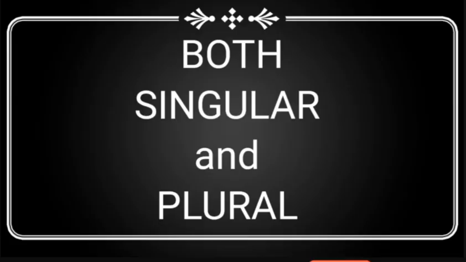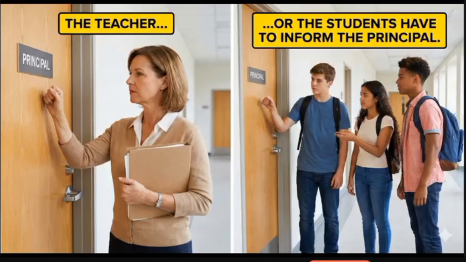Okay. Next, if there are only singular subjects, or only plural subjects, it is okay. But what about a combination of both singular and plural nouns in a single sentence, joined together? At that time, the verb should follow the number of the subject which is immediately next to it. For example, the teacher or the students have to inform the principal.